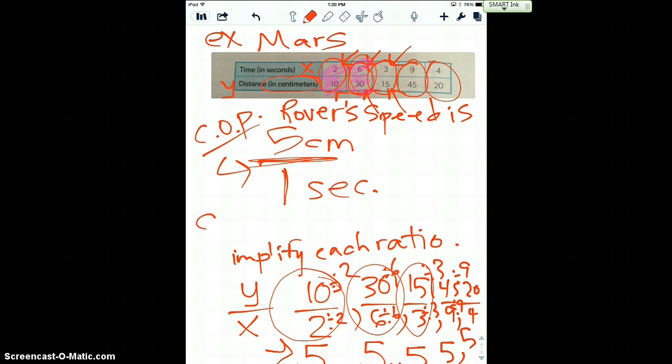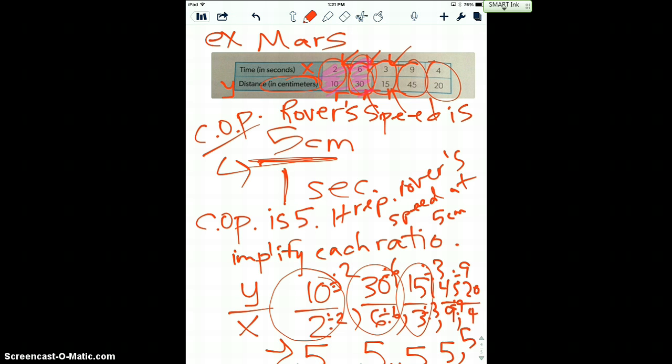Okay? So the constant of proportionality is 5, because 5 divided by 1 is 5. And then what does it represent? It represents the rover's speed at 5 centimeters per second.